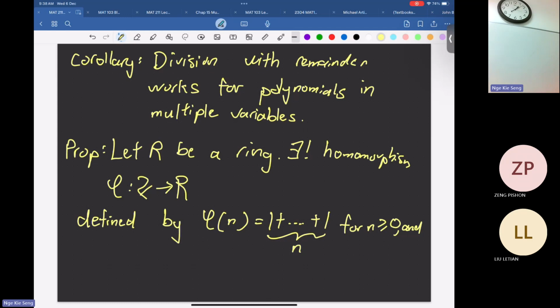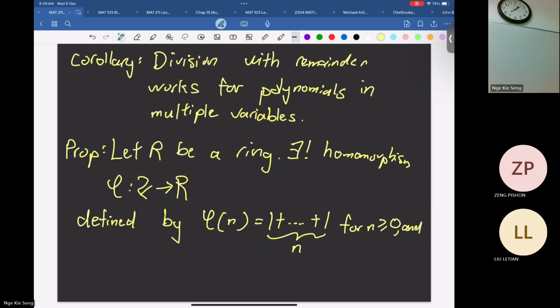Why? Does the multiplicative identity exist in any ring or not? Multiplicative identity, not inverse. Don't confuse identity with inverse. So 1 must exist in your ring, and your ring is closed under addition, so I can do 1 plus 1 plus 1 plus 1.